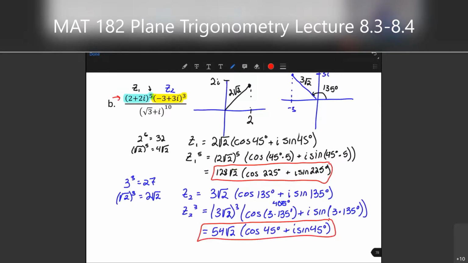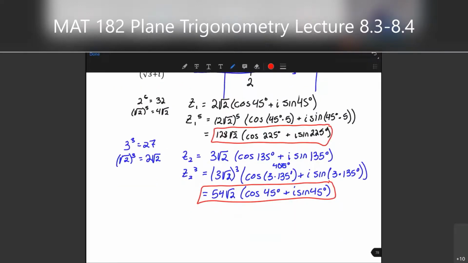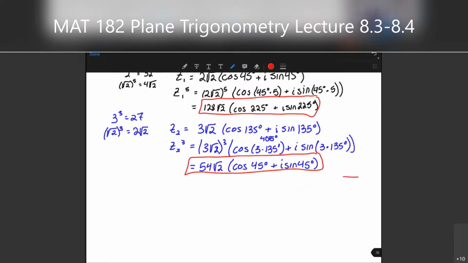So let's take the product of those 2 items as we go. If I take the product of those 2 boxed items, what would be my modulus when I multiply them? This would be my z1 to the 5th times z2 to the 3rd. I wanted to multiply those.